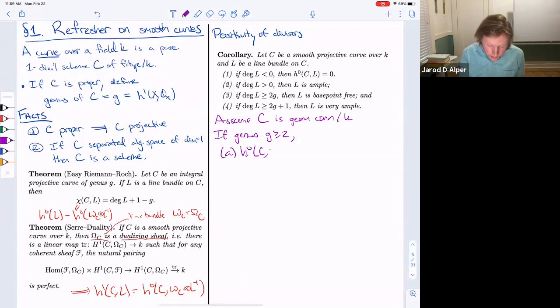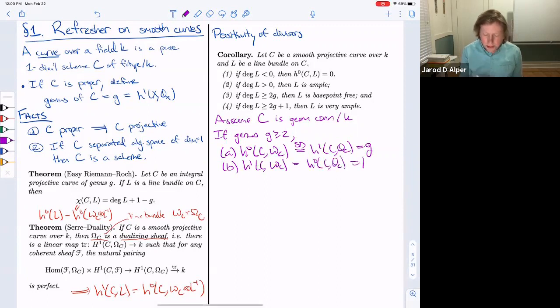The global sections of omega C, the dualizing sheaf or the sheaf of differentials, by Serre duality is H1 of C of OC, which was by definition the genus. And similarly, H1 of omega C is identified with H0 of C of OC. And because C is connected, that's just 1.